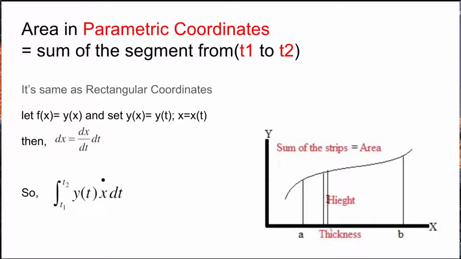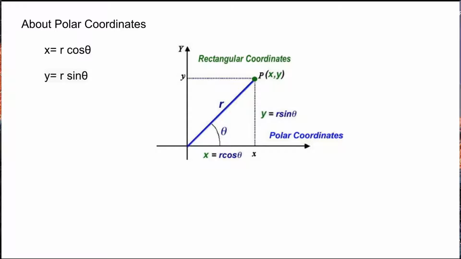Okay, then before we talk about the polar coordinates, let's go back to the relationship between polar and rectangular coordinates. As we can say, if it's rectangular coordinates, it's easy to figure out here is a point (x, y), and here is x and here is y. But in the polar coordinates, we say here is r and the angle is theta.